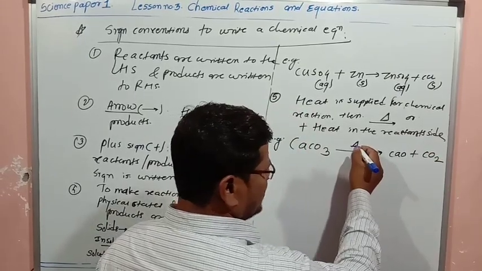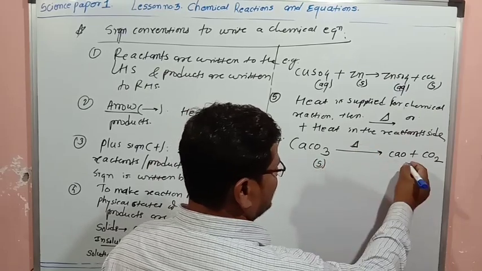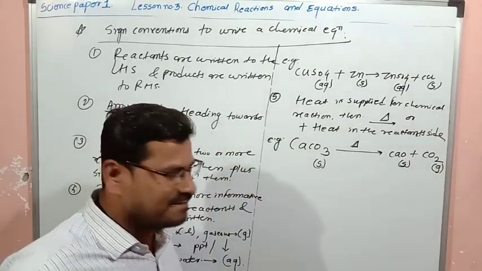Here the delta sign is written; CaCO3 is in solid state, CaO is also solid state, and CO2 is in gaseous state.